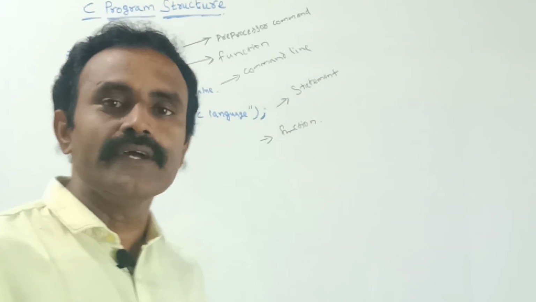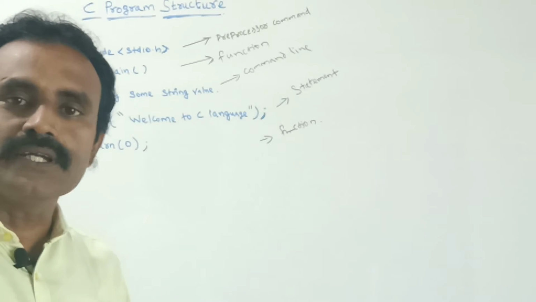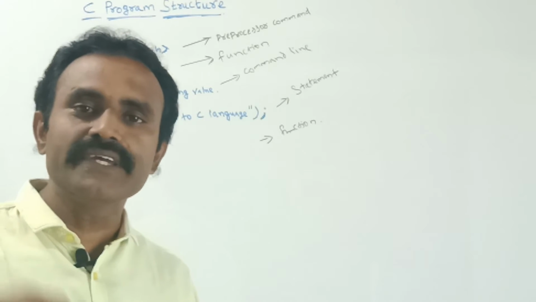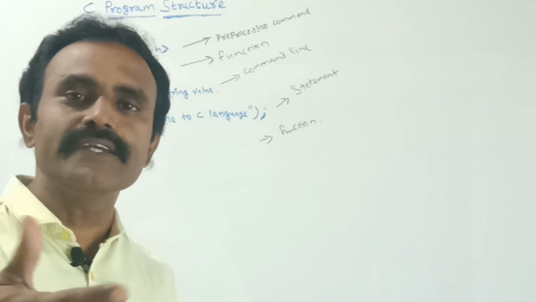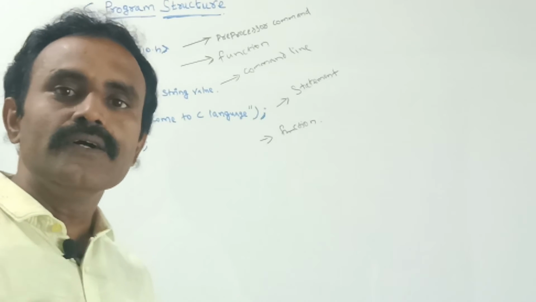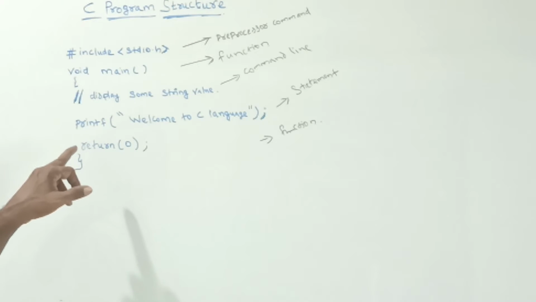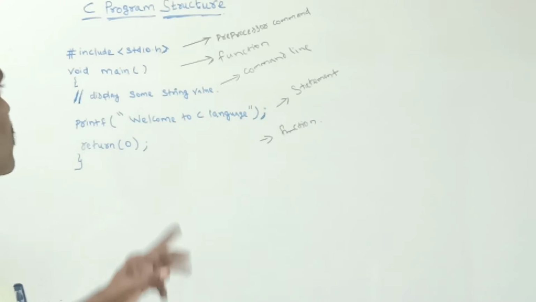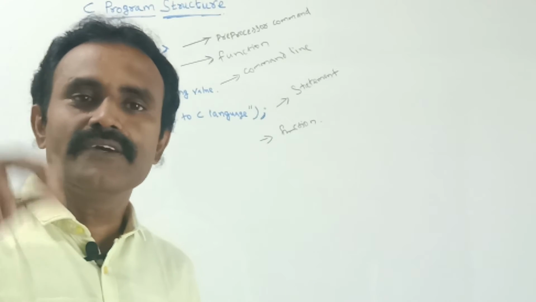From that header file, we are invoking the printf function. With the help of this printf function, we can give some text values inside the printf and display that text on the display screen. Without the header file stdio.h, we can't invoke these functions.